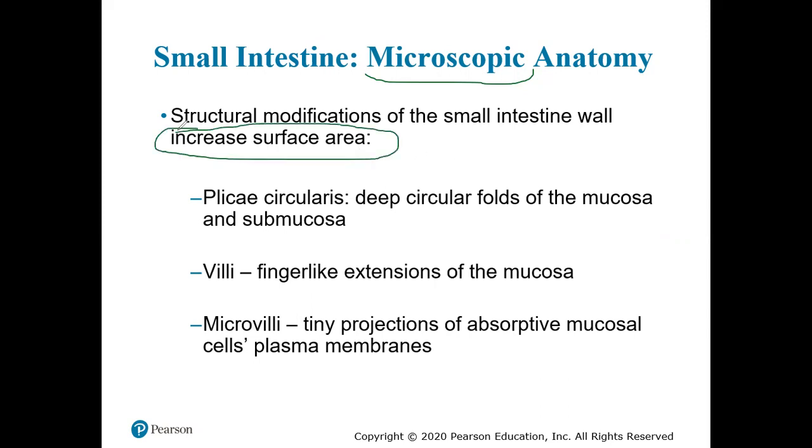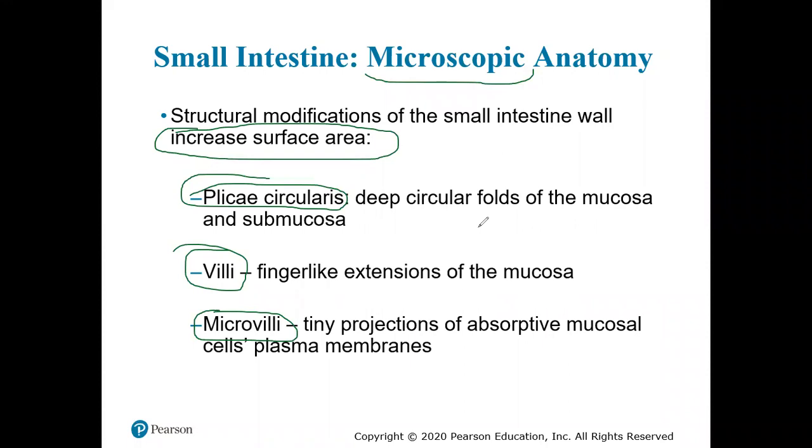These structural modifications will increase surface area to increase nutrient absorption. Three of the structural modifications are called the plicae circularis, villi, and microvilli. The plicae circularis are deep circular folds, they're permanent folds of the mucosa and the submucosa.